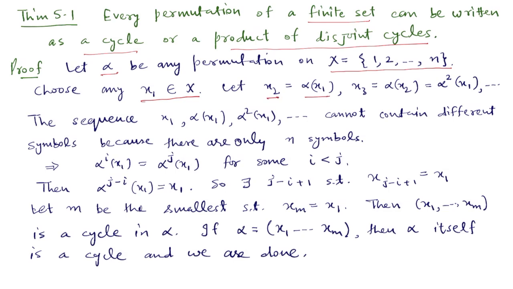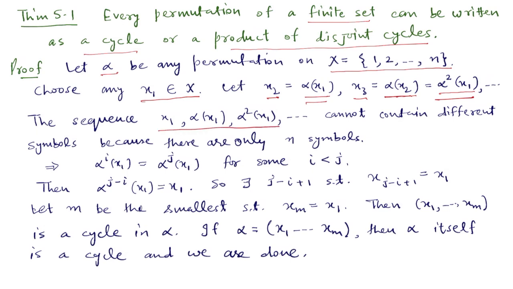Then again applying alpha on x2 we get x3, but alpha of x2 is alpha square of x1. So this way we get a sequence starting with x1, then alpha x1, and then alpha square x1, and so on.